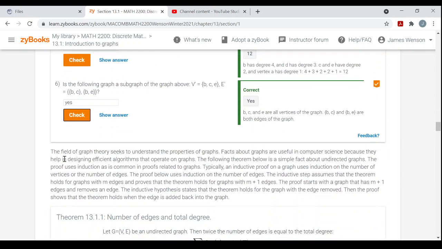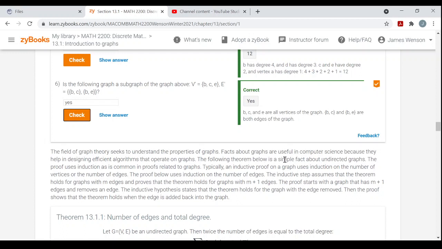Now this field, studying these structures, these graphs, is called graph theory. It seeks to understand the properties of graphs. Facts about graphs are useful in computer science because they help in designing efficient algorithms that operate on graphs.